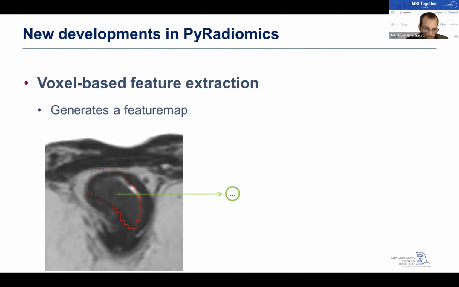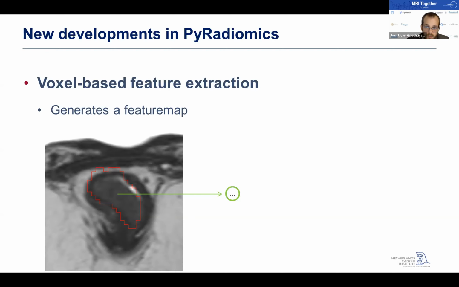We are also still actively developing PyRadiomics. The main addition is the so-called voxel-based feature extraction. On the bottom slide here, you see the image with the region of interest in red. In general, segment-based radiomics is the best known, where for each feature you get a single value that describes the entire region of interest.